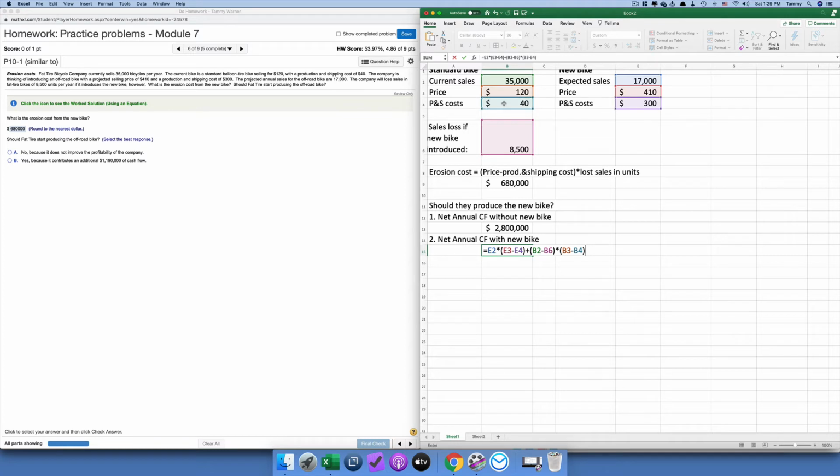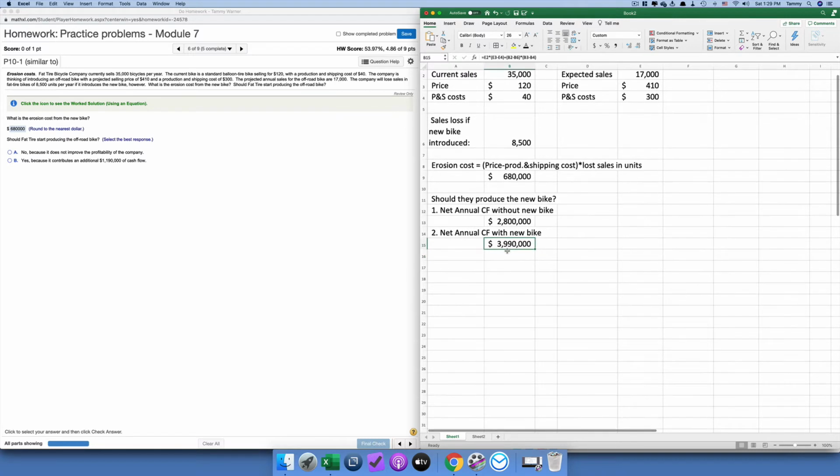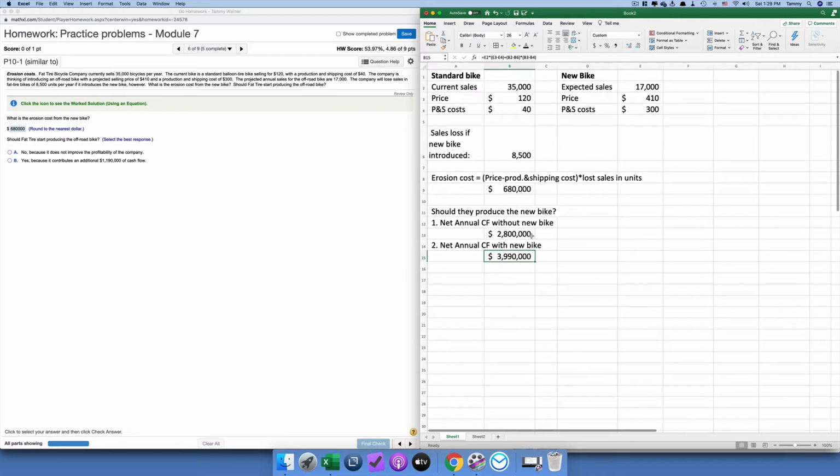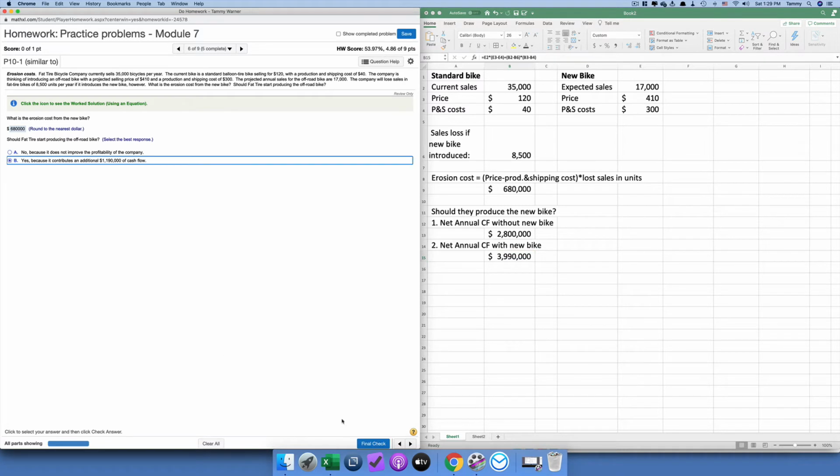All right, so that should give us something good. Okay, so without the new bike, they've got 2.8 million. With the new bike, they've got 3.99 million in cash flow. So, yes, because it contributes an additional 1.19 million in cash flow. So that's correct.